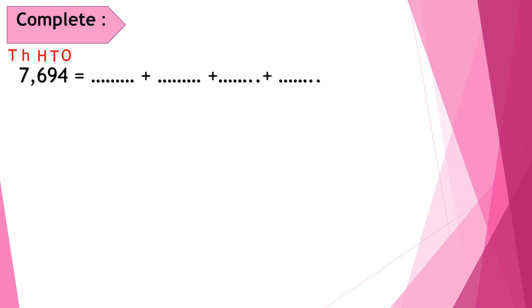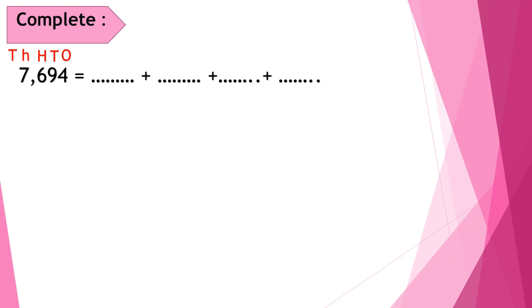We have some exercises. Complete. Number 1, 7,694. We want to write this number in the expanded form. Let's put the place above each digit: ones, tens, hundreds, and thousands.